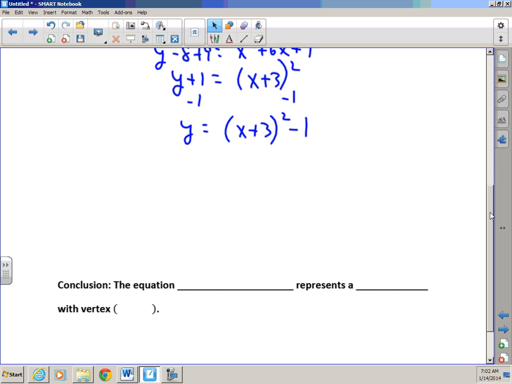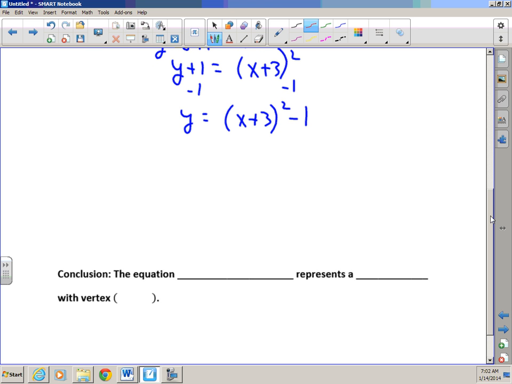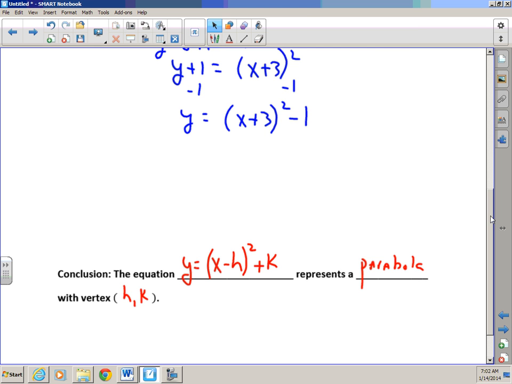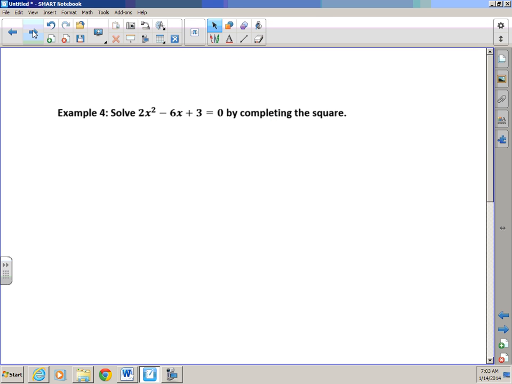And the way we say that is the equation y equals x minus h squared plus k represents a parabola whose vertex is h, comma, k. Now what you have to be careful about is the sign for h is the opposite, because it says minus h. So if this is plus 3, it's minus a 3. And k is whatever the value it is. Okay?